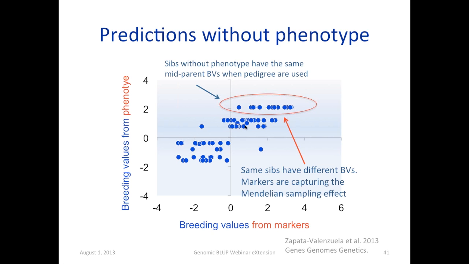But when you use markers, or genomic BLUP, which is shown on the x-axis, you see segregation. They have different breeding values. They range from maybe 1 to 4, maybe 4.5. So markers allow capturing the Mendelian segregation effect. And that's a very powerful tool to use in animal and plant breeding.